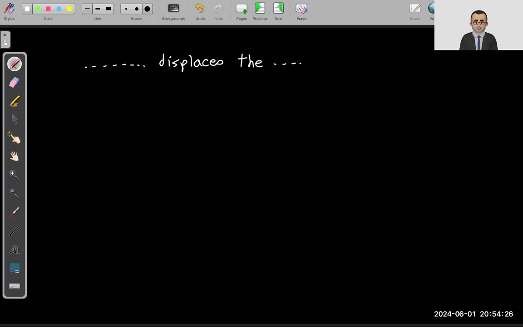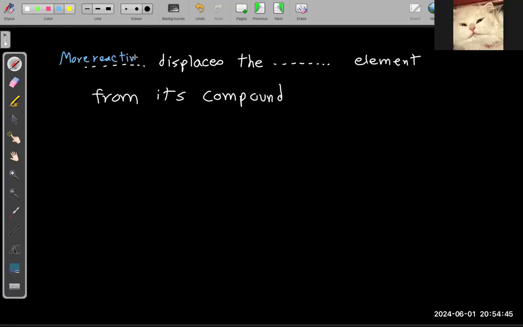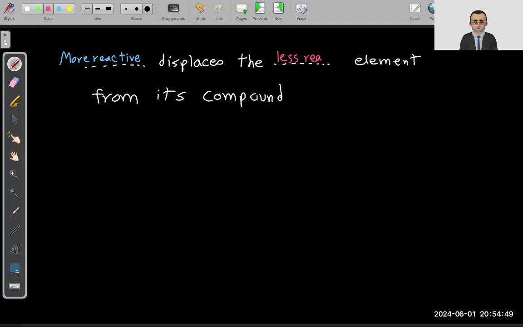Displaces what element from its compound? Which one displaces which one? The more reactive displaces the less reactive, or the less reactive displaces the more reactive? The more reactive displaces the less reactive element from its compound. Exactly, the less reactive element from its compound.